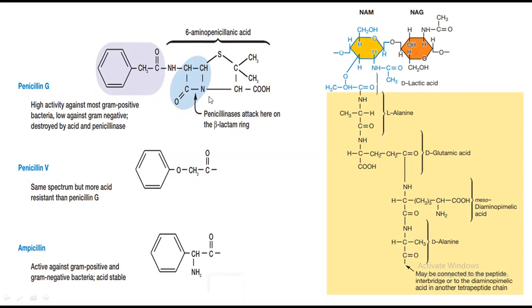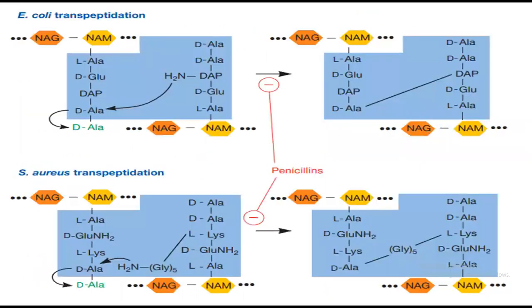So what really happens here is that this portion of the penicillin and this portion of the peptidoglycan layer show resemblance to each other, so the penicillin binds to the enzyme that is involved in transpeptidation. It does not allow that enzyme to perform transpeptidation.